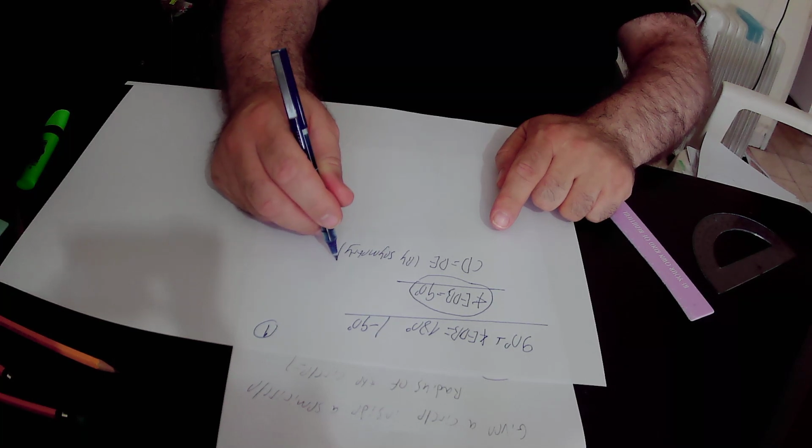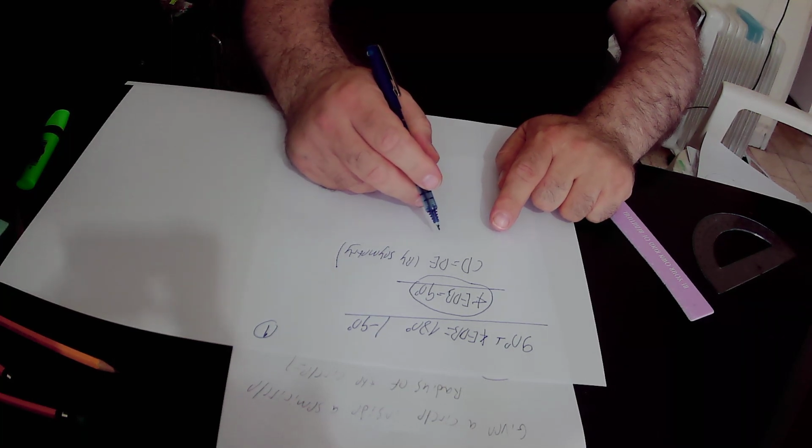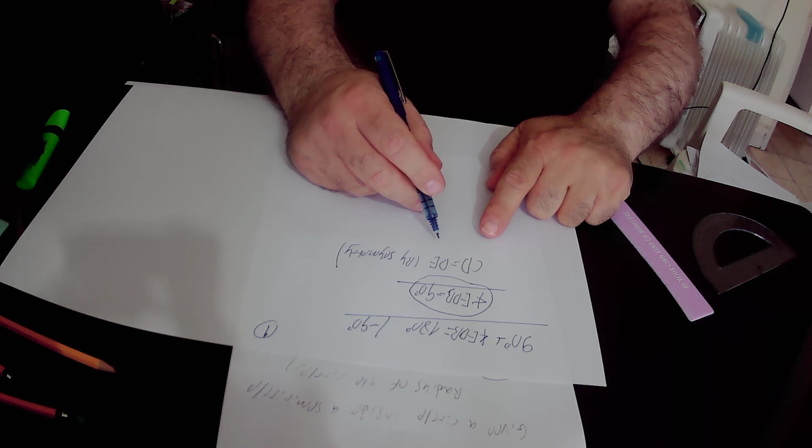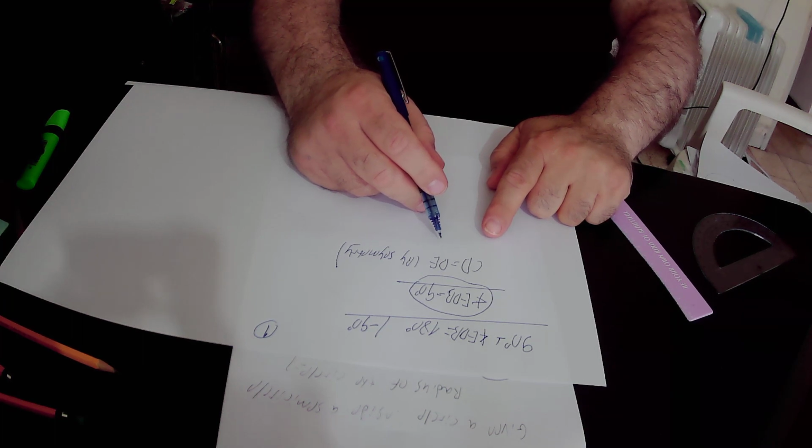That is to say, DE is the mirror image of CD, therefore the lengths of those two line segments must be equal to each other, but they are on opposite sides. That is to say, CD equals DE, because the mirror image is always the same length as the image itself.